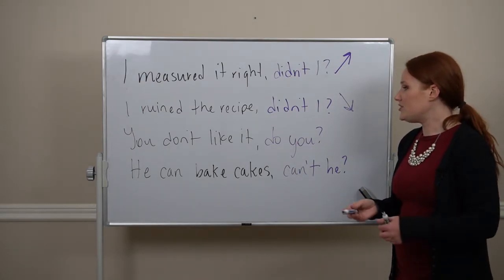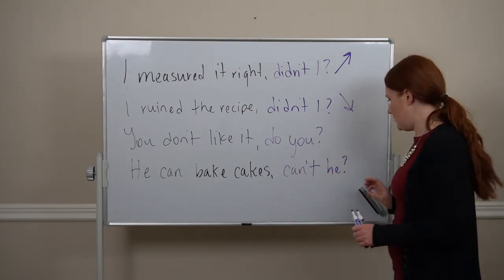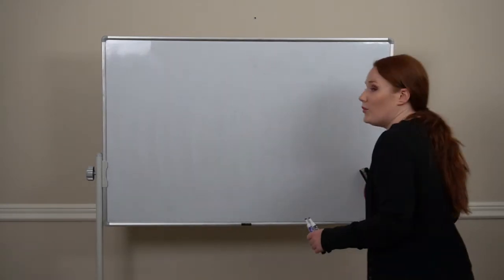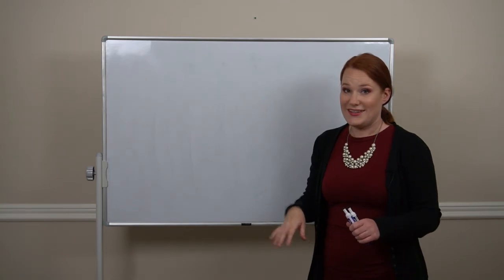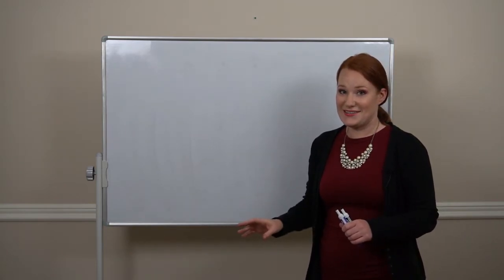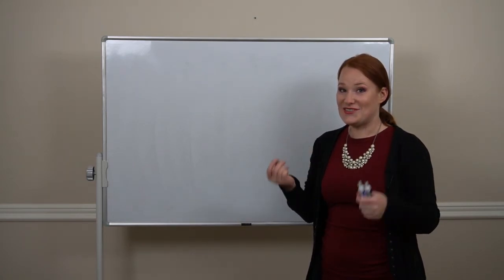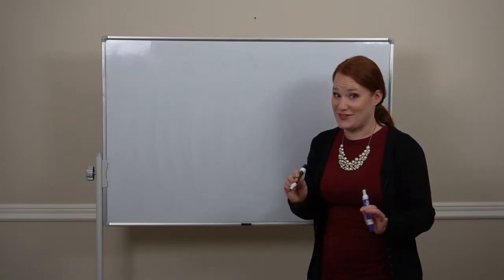All right, we do have one exception to this auxiliary verb rule, but only in one situation. When we have an affirmative statement in present simple tense, where the subject is I and our verb is to be. So super specific.